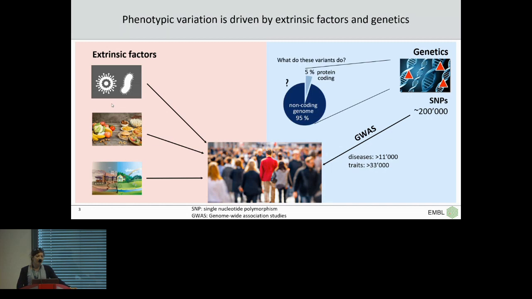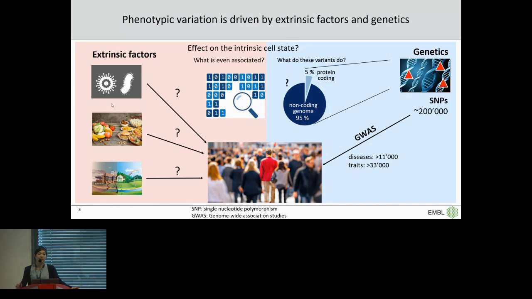Now, what are the big challenges in those two aspects? I think one of the big challenges with the genome-wide association studies, the GWAS, is that they all fall in these non-coding regions, most likely regulatory regions, and we really don't understand very well what they're doing. And on the other side, with the extrinsic features, I think the challenge is even more complex because we don't even know what's associated.